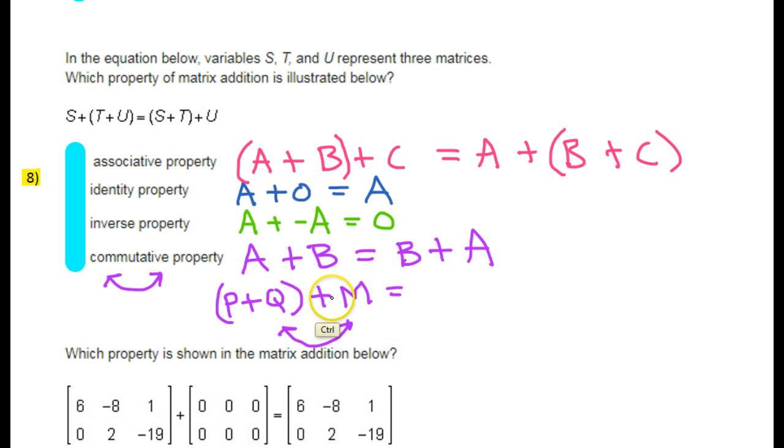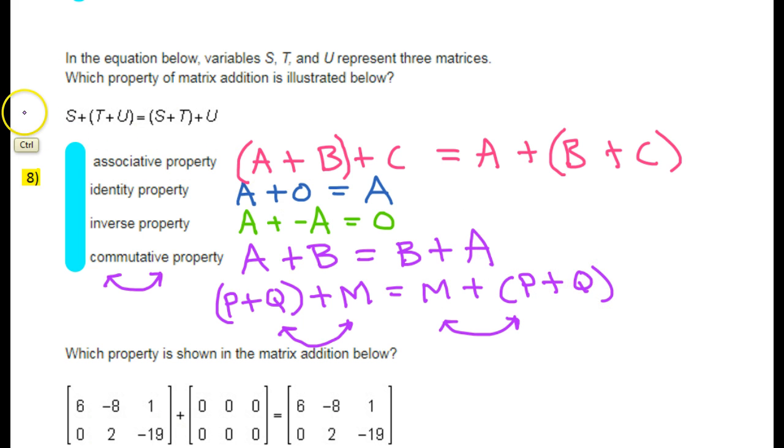So if I have parentheses plus M, and then on the other side I have M plus parentheses, alright, it's still the commutative property because I switched the order around. So notice, just because it has parentheses doesn't mean it's associative property. If it's associative property, the letters will be in the same order, A, B, C, A, B, C. If it's commutative property, you'll see the letters rearranged, P, Q, M, M, P, Q.